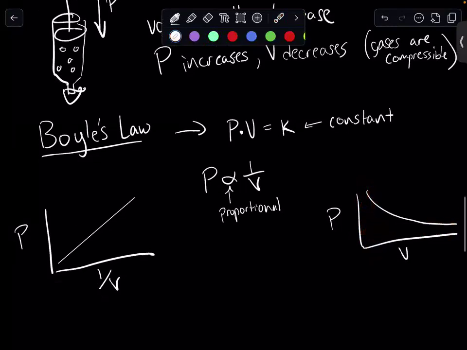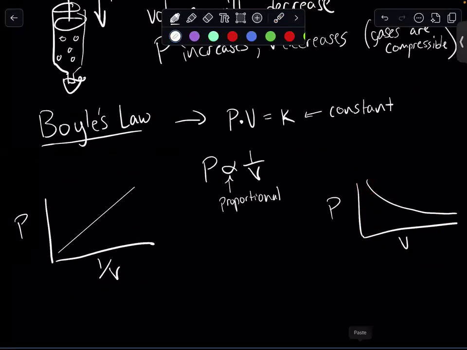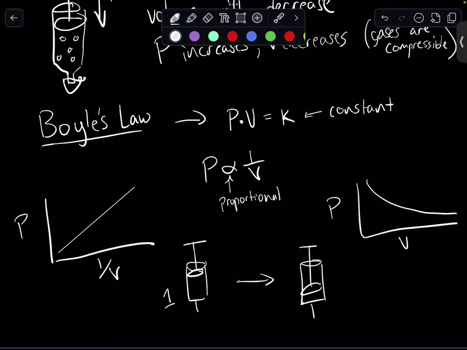The last thing we can do is we can take two examples of that syringe. So if we take this syringe and we'll say this is scenario 1 and this is scenario 2. So I'll take that same syringe, and we've depressed the plunger, scenario 2.